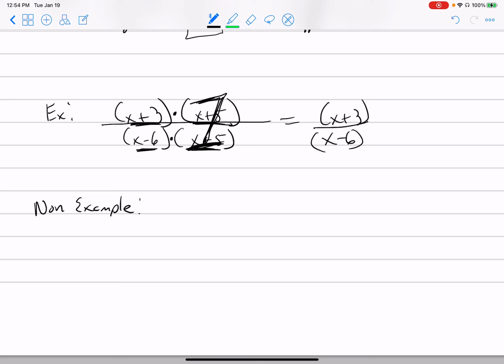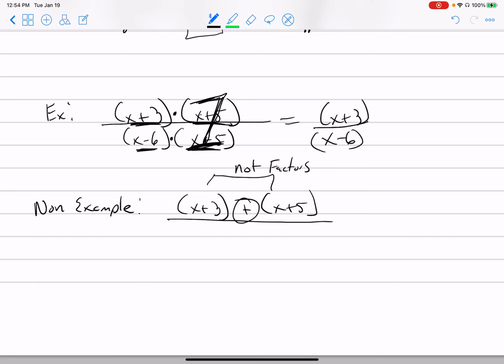Here is a non-example. This is the factoring that doesn't work. What if I had x plus 3 plus x plus 5? These are not factors anymore, right? They're not being multiplied, they're being added. So let's say I had x plus 5 times x minus 6.